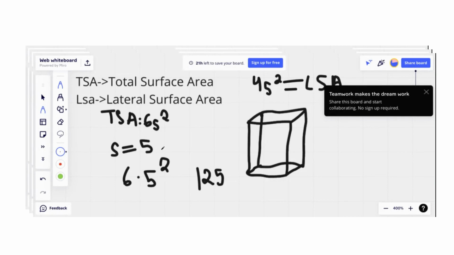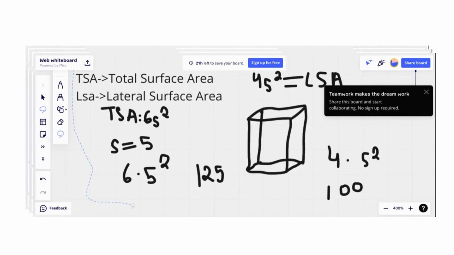If the s value is given as 5, that means 4 times 5 squared. 5 squared is just 25, and 25 times 4 is 100. So this is how you would find the TSA and LSA of a cube.